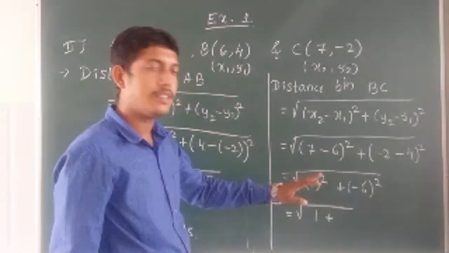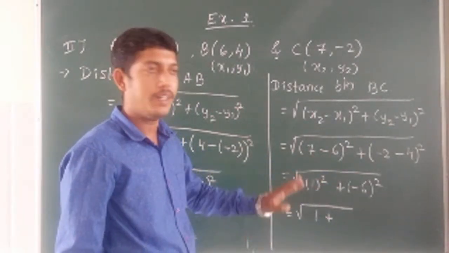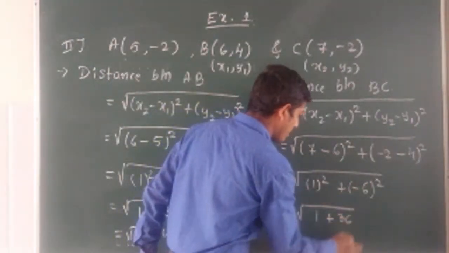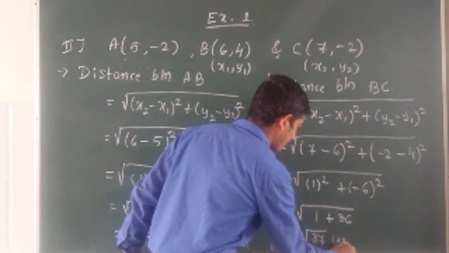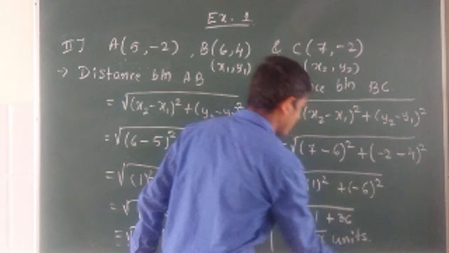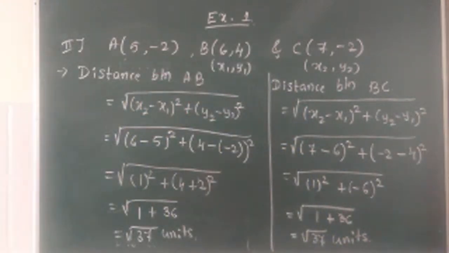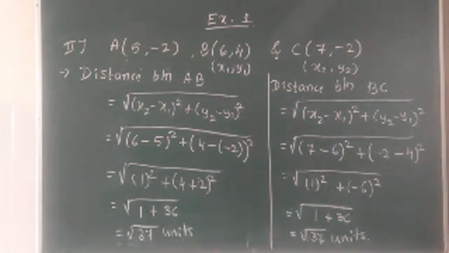Minus 6 square, minus to an even power, is plus 6 square, which is 36, and that gives square root of 36 plus 1, it is 37 units. Yes, many are giving the correct answer.